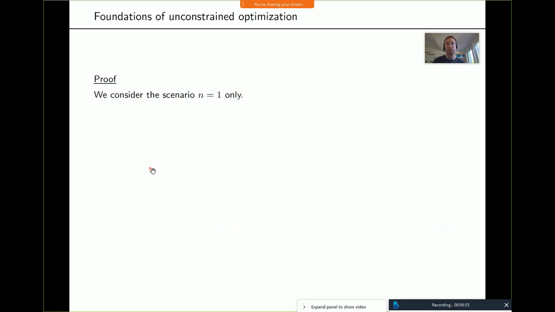To make this transparent, I consider the case of a univariate real-valued function, because then computing derivatives and so on is much more straightforward than if we would want to compute derivatives with respect to vector arguments. In the end, this always looks the same.